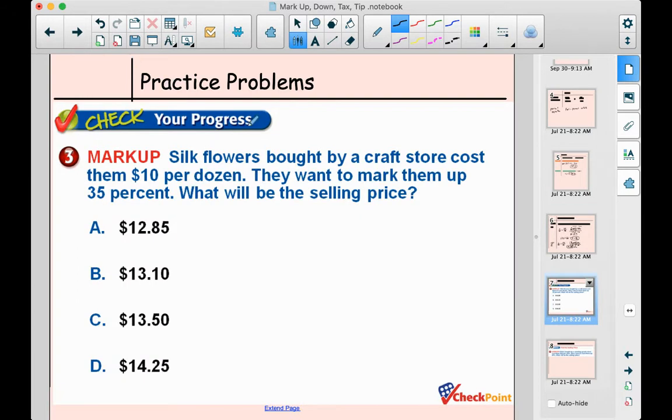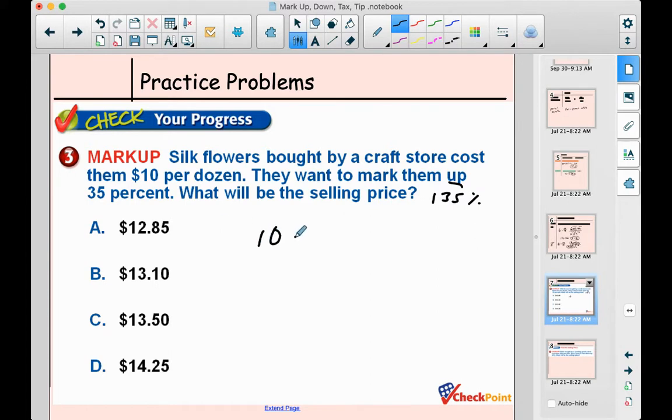Okay, let's see if I can use that. So silk flowers bought by a craft store cost $10 per dozen. They want to mark them up 35%. What will be the selling price? Okay, so this is a markup. That means I'm going to increase by 35%. So my selling price is going to be 135% of their normal price, which they said is 10.